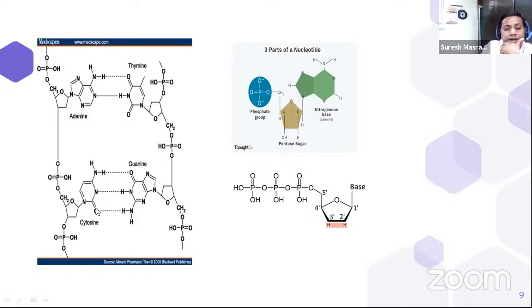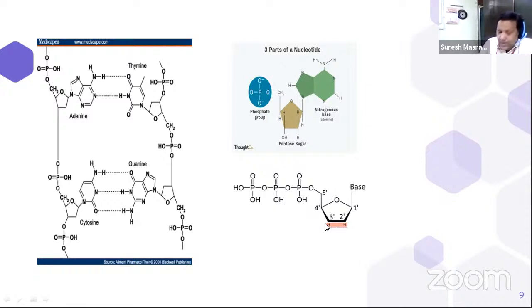Now, if at this place, instead of OH, H is present there, then once such a nucleotide, a dideoxynucleotide, attaches with the growing DNA strand, it does not allow attachment with another nucleotide.